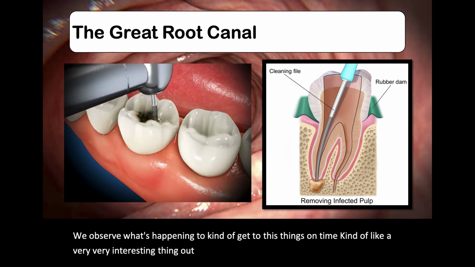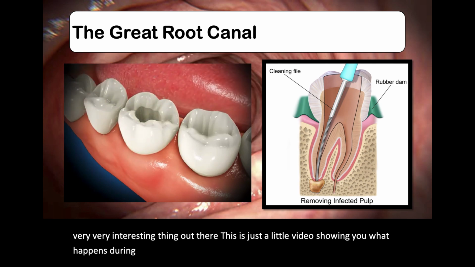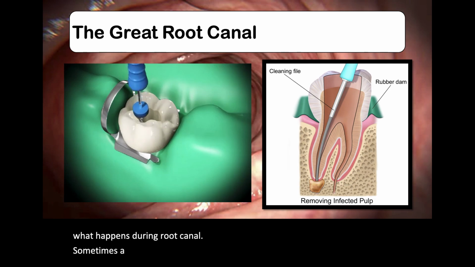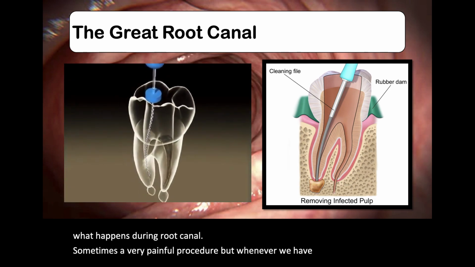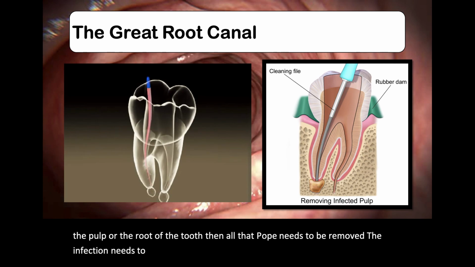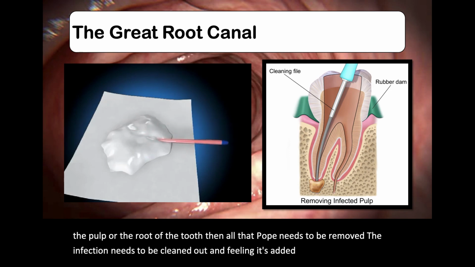This is just a little video showing you what happens during a root canal. Sometimes a very painful procedure, but whenever we have a serious infection in the pulp or the root of the tooth, then all that pulp needs to be removed. The infection needs to be cleaned out, and a filling is added into the tooth to fill up the area after all of that.